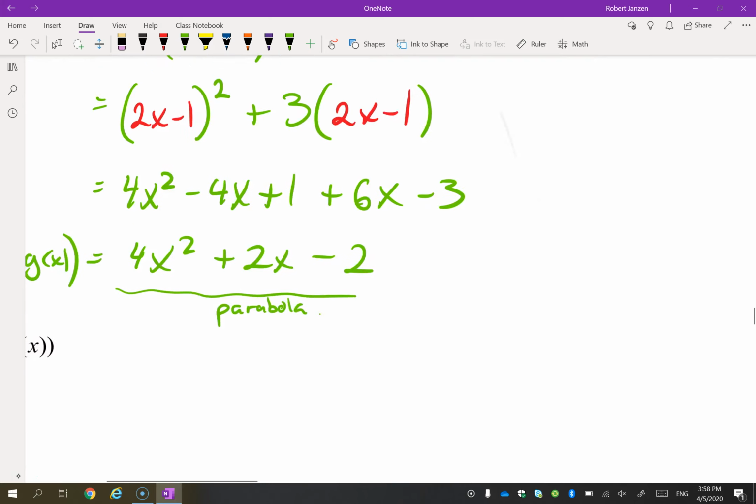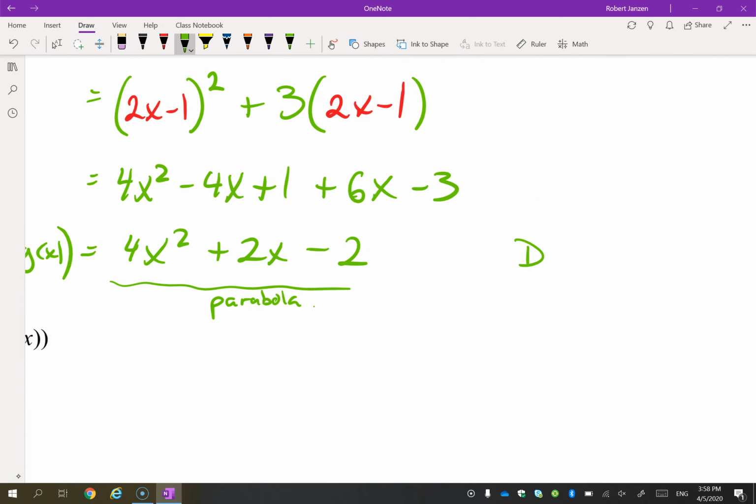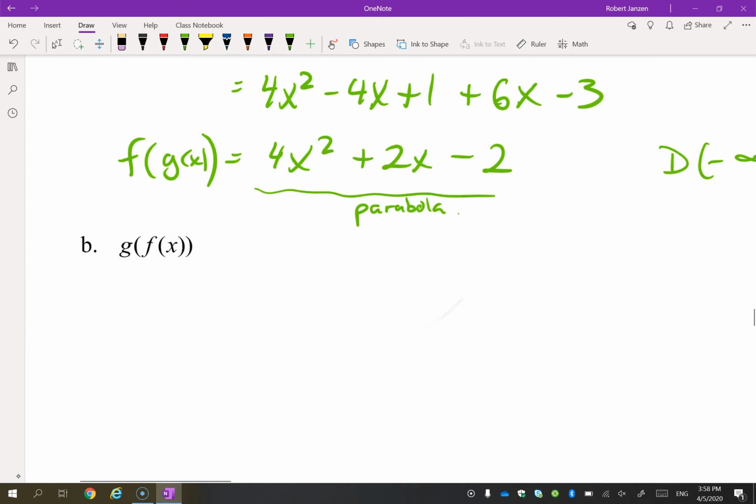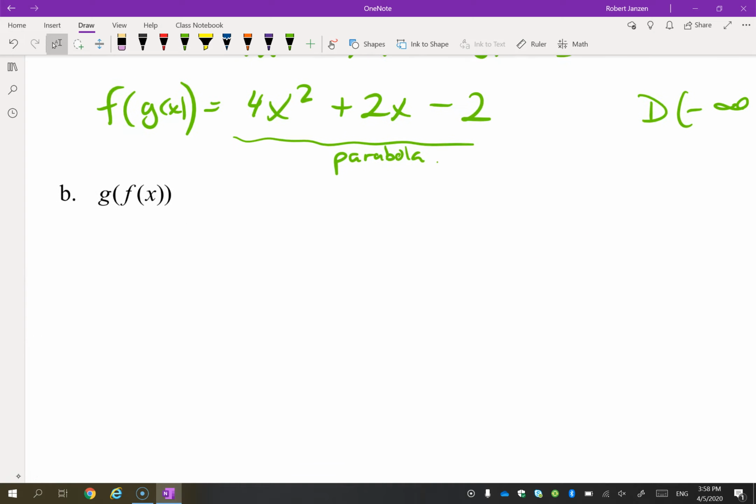Well, what's the domain of a parabola? The domain of a parabola is always negative infinity to infinity. What if we needed to find the range? Well, then you would have to find the vertex. And you know that this one opens up, and you could find the vertex. And then you could find the range. Okay? Let's try another one.